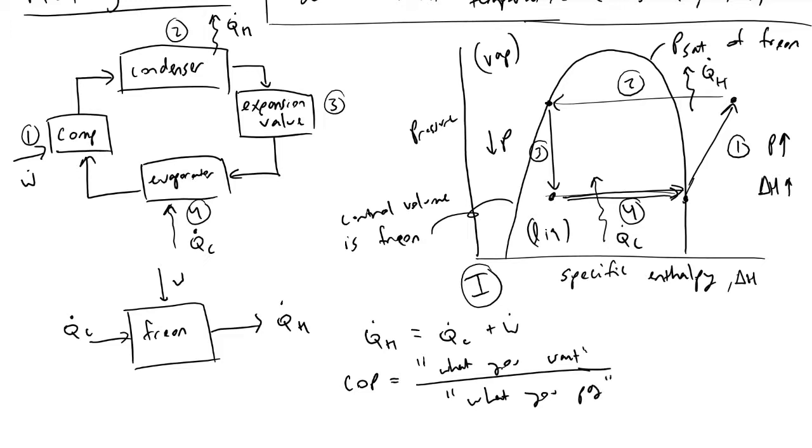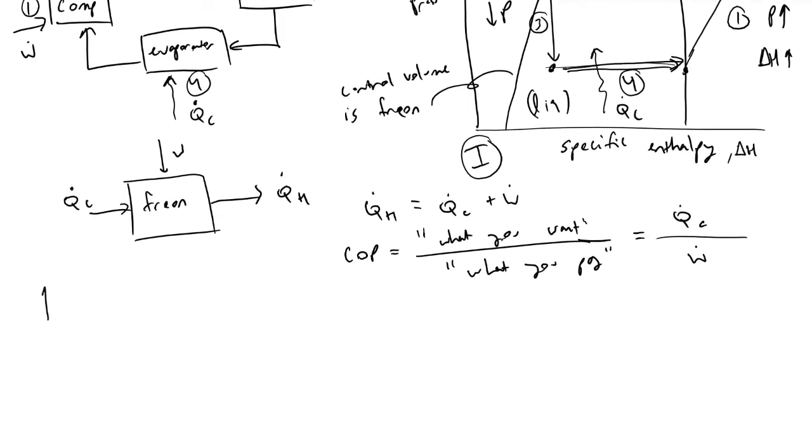In this case, what we want is to take in heat from our car's interior at a rate QC joules per second, but what we pay is the work required to run our compressor. And so we want to have the highest COP we can, so a better fridge has a higher COP, and generally COP is approximately 4.